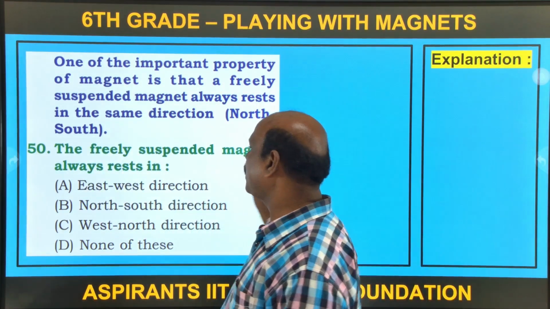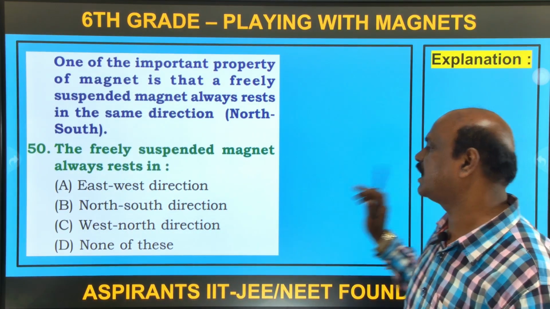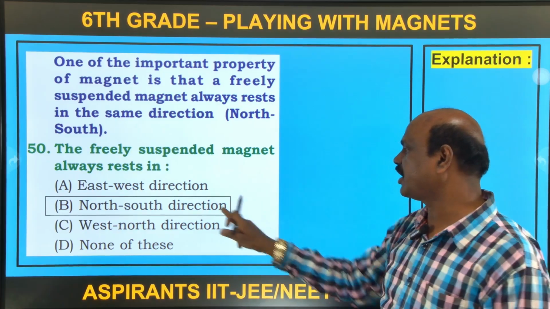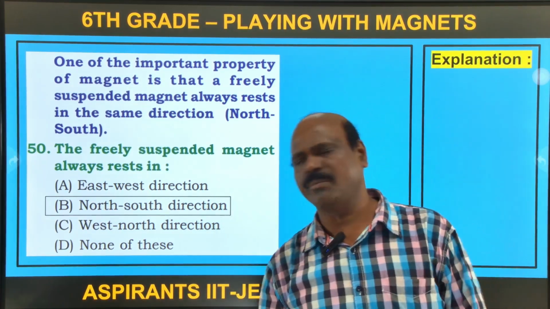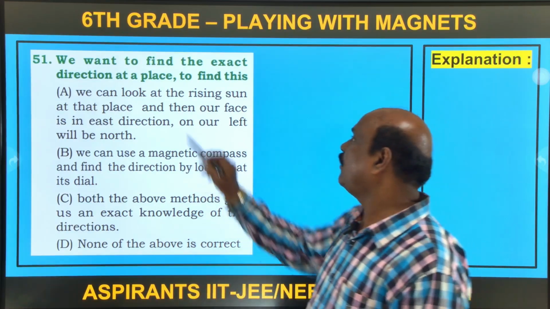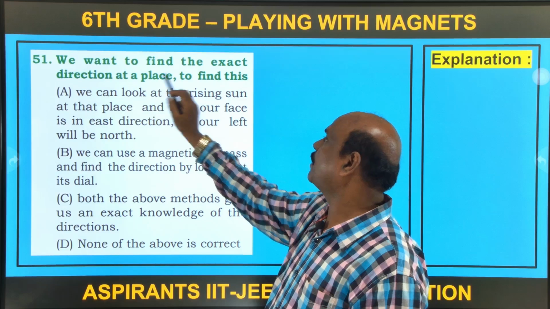A freely suspended magnet always rests in the north-south direction, as we have seen previously. These are passage type questions, simple to answer. We want to find the exact direction at a place.